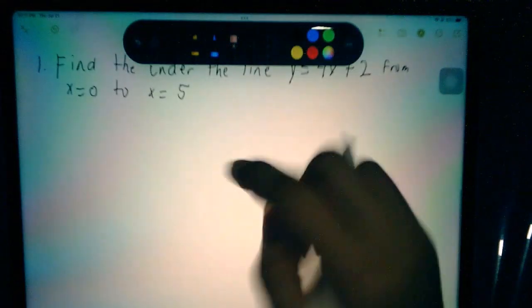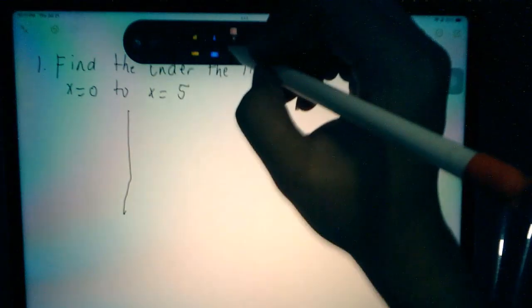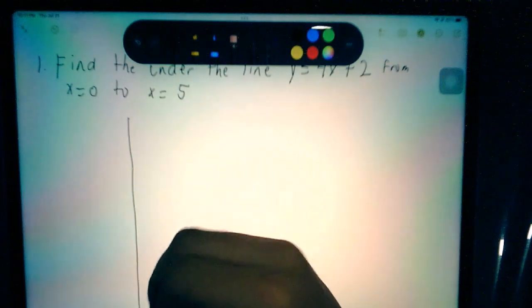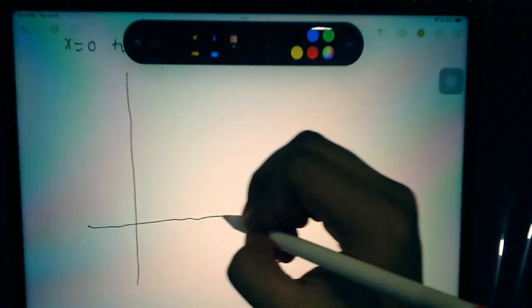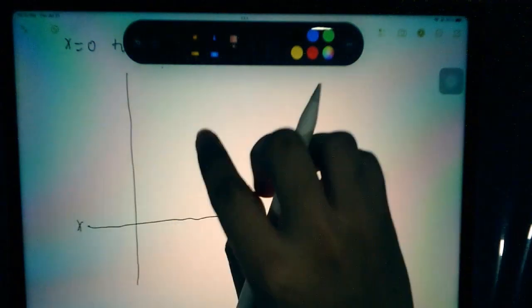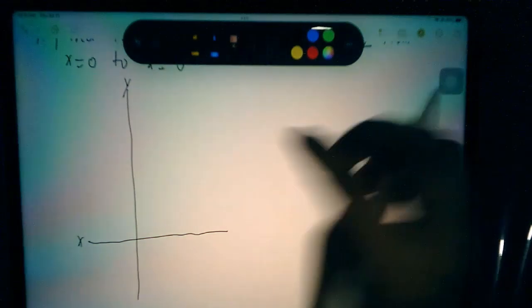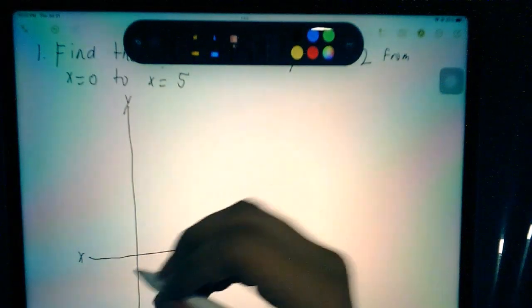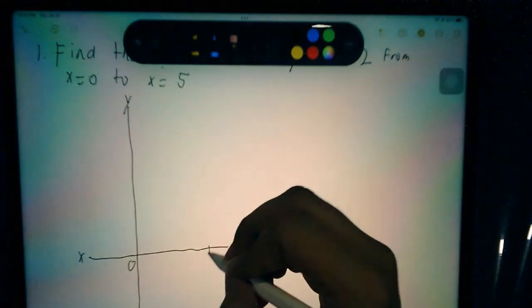Now we are going to illustrate our area. Oh, this is not straight. So illustrating, this is the x axis and this is the y axis. Our point here bounding the area is 0. Let's say this is 5.